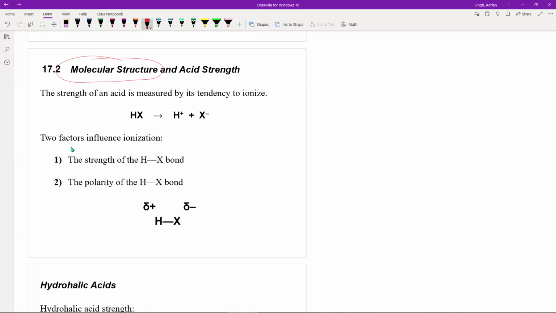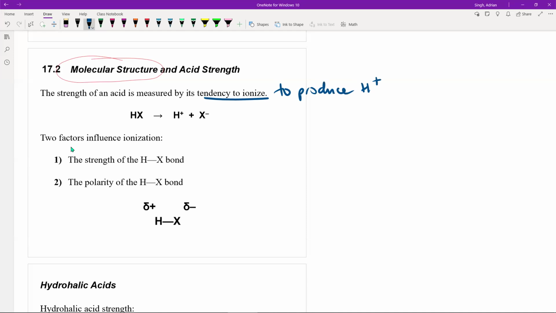Now, first of all, let's define what makes an acid strong. The strength of any particular acid can be measured by its tendency to ionize, right? And when it ionizes, it's able to produce H plus ions. If you remember from the Bronsted definition, an acid is something that donates protons.